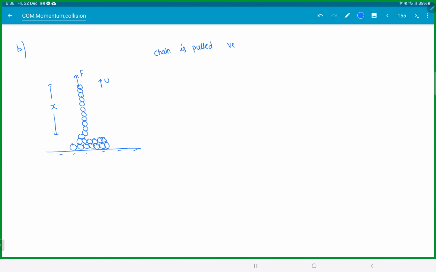The chain is pulled vertically with constant speed u. Speed is constant. Find the power due to the force as a function of x.